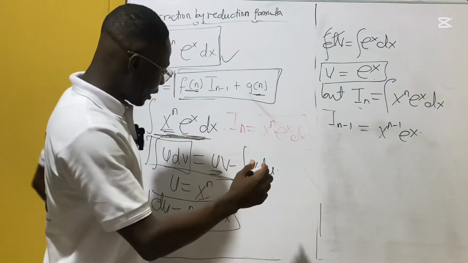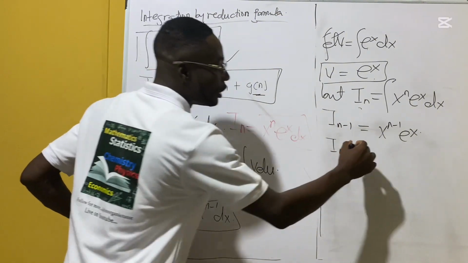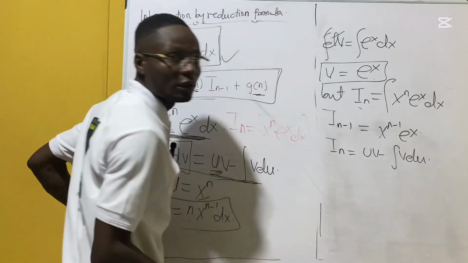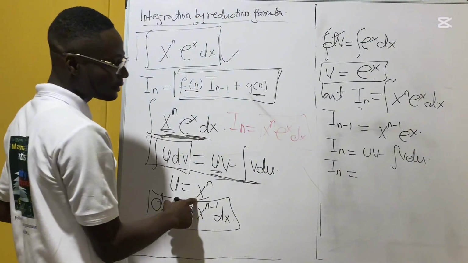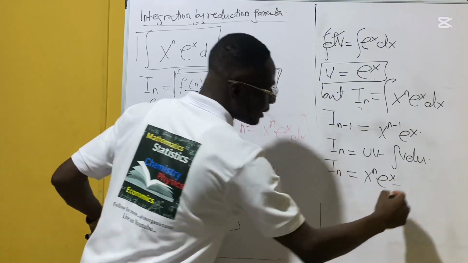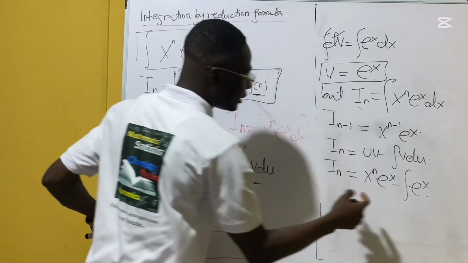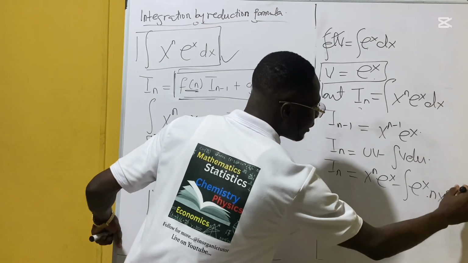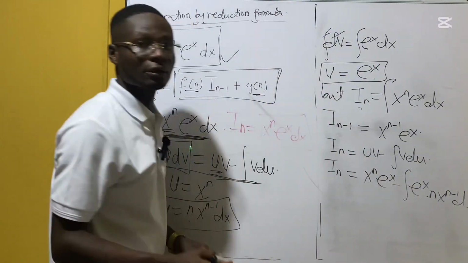From here, we come back to our formula where we have I_n equal to uv minus integral v du. We substitute this information, where our u is x^n and our v is e^x, minus the integral of v, which is e^x, and our du here is n x^(n-1) dx.